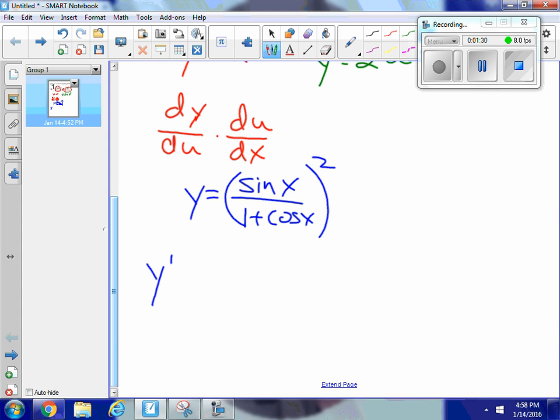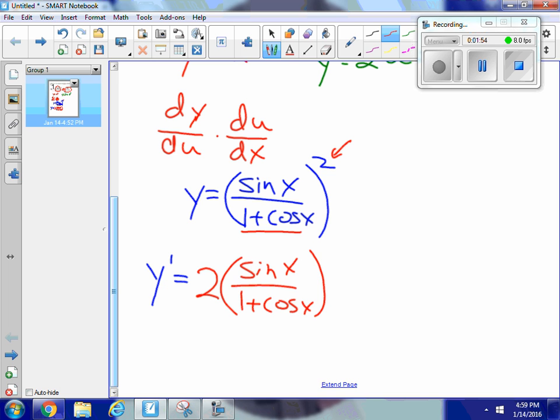Well, what I'm going to do is first take the derivative of the outside function. Well, the outside function is this here squared. So I'm going to have 2 times sine x over 1 plus cosine x. And I have to multiply that times the derivative of the inside.